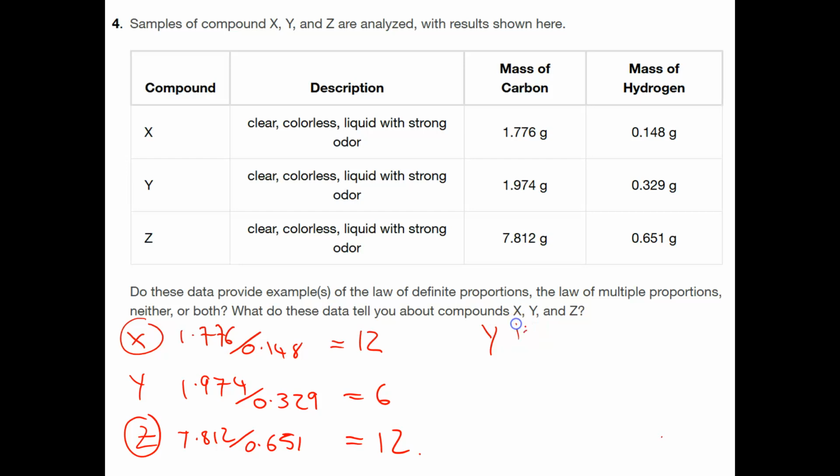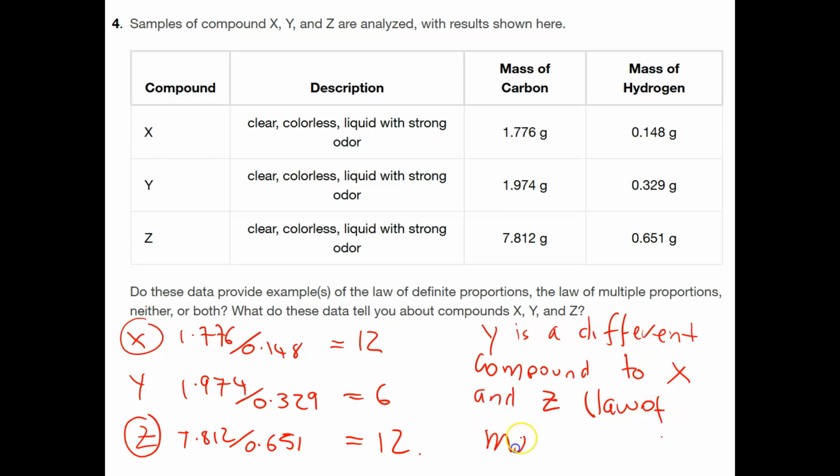Y is a different compound to X and Z, and we can be certain about this, and that's because of the law of multiple proportions. Okay, a different ratio of the atom types indicates that it must be a different compound.